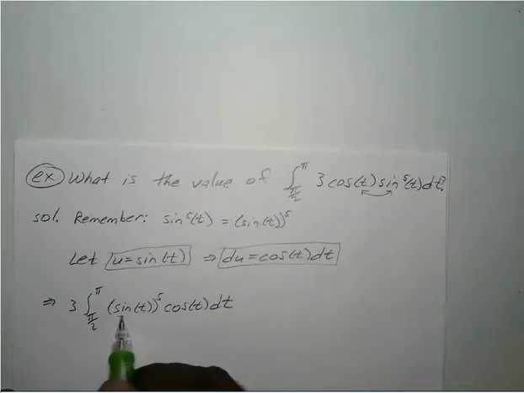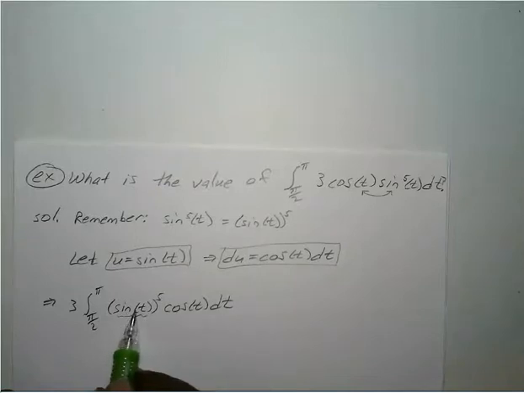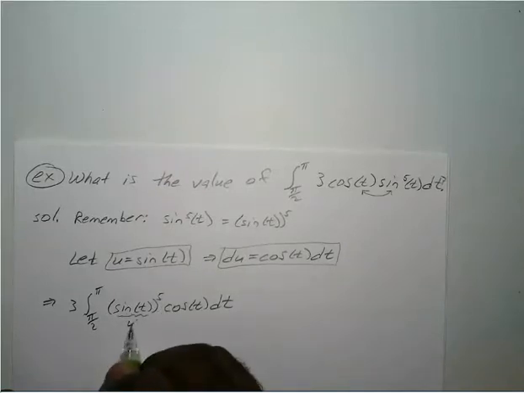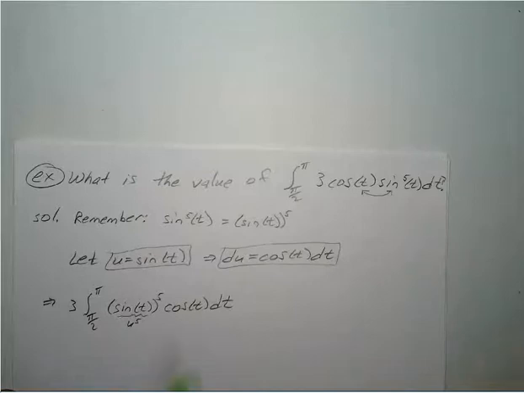Okay, so once again, since our sine of t is u, this is just u to the 5th power. And this is just our du, which we have right here.